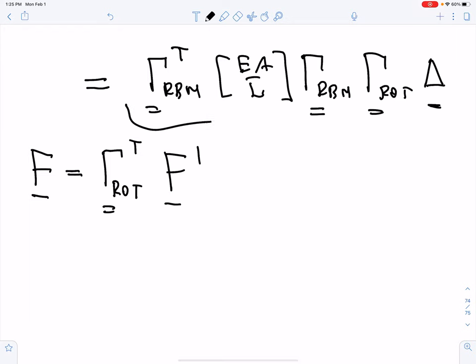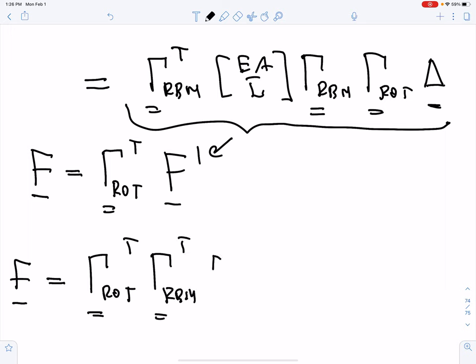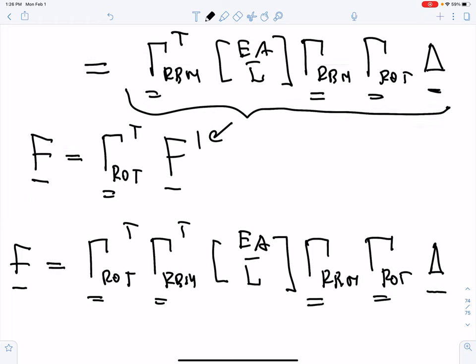Then I can substitute all this into F prime. As the end result, I get this: gamma ROT transpose, gamma RBM transpose, basic stiffness EA over L, gamma RBM, gamma ROT, I'm sorry, times delta.